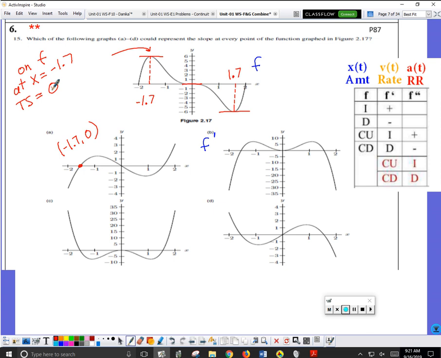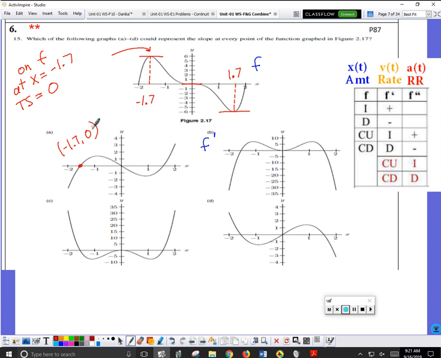That means down here, at that same x-coordinate, the y value has to be 0, because these y-coordinates all represent the slopes of this. Not y-intercept, y-coordinate.